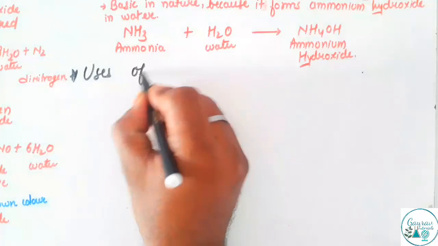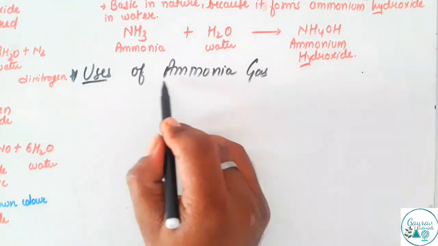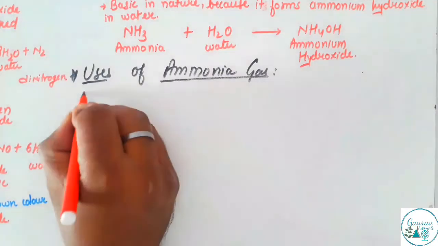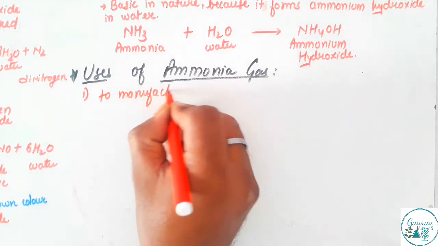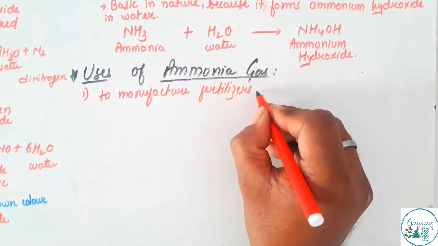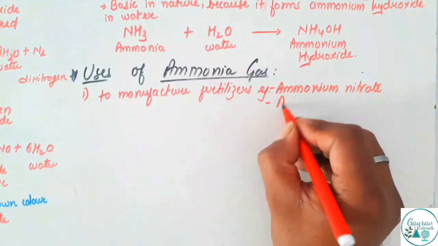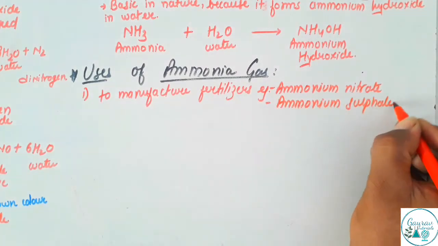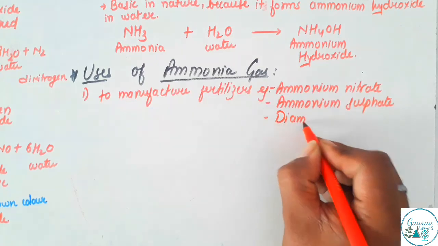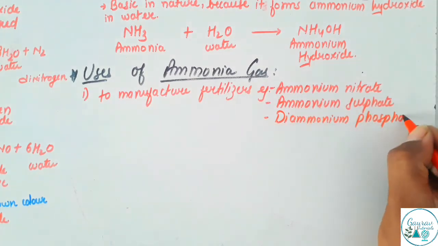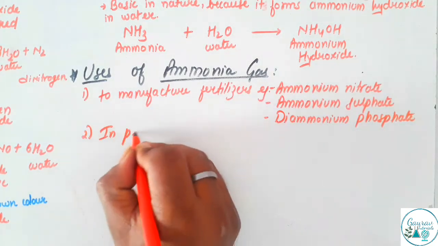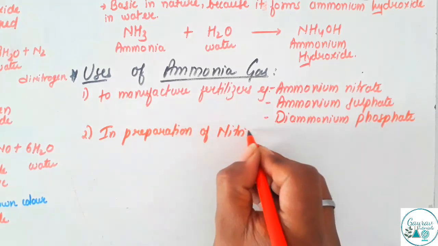Now let us look into the uses of ammonia gas. There are a lot of uses of it, but we are going to restrict ourselves to some of them only. The most important use of ammonia is the manufacturing of fertilizers like ammonium nitrate, ammonium sulfate and diammonium phosphate. These are the three fertilizers. Apart from this, there are many others, but we are going to restrict ourselves to these three only.